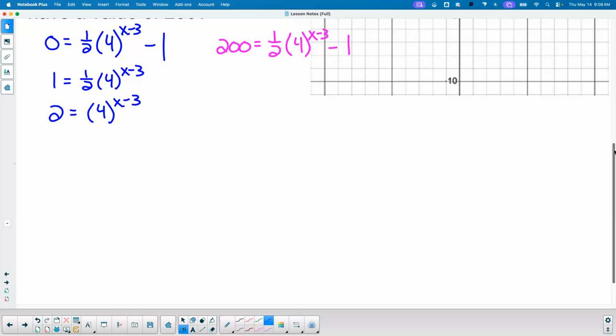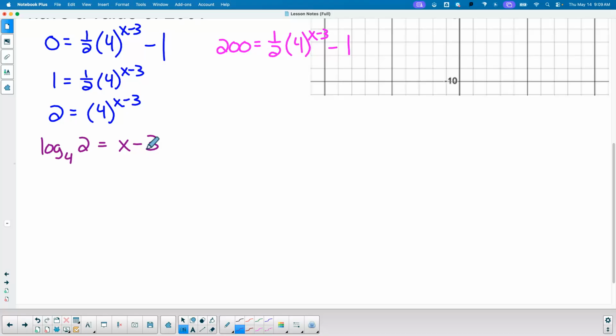Okay, that works out in this case, but what if it wasn't? Like in the next one, it's not going to work out so nice and pretty like that. So what do I do here? I put it in logarithm form, right? Because it's an exponential, so I put it into logarithmic form. So this would be log base 4 of 2 equals x minus 3. What exponent do I put on 4 to get 2? 1/2.